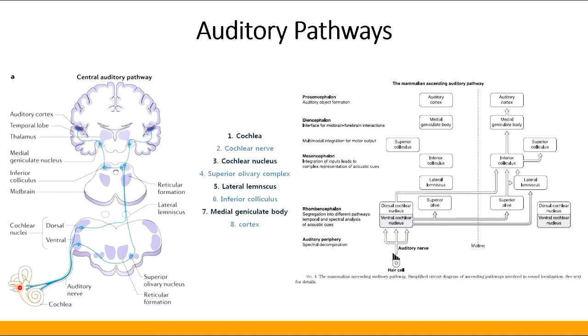As we discussed above, the ascending pathways relay detailed information of sounds from the periphery to the cortex. The auditory nerve conveys the neural impulse up a series of nuclei to the cortex where perception occurs.